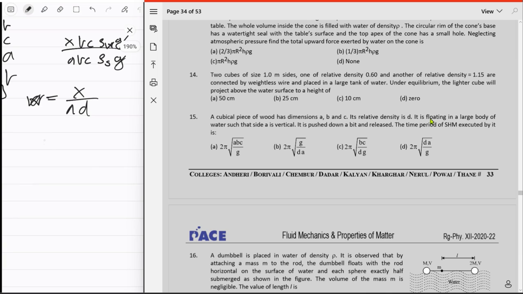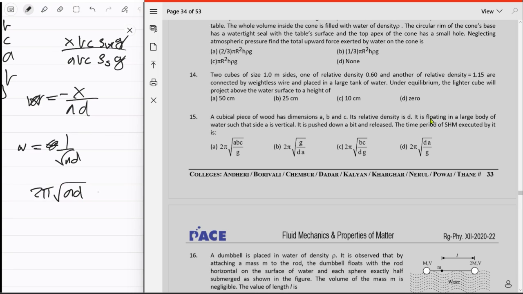So the thing is negative 1 upon square root of A times D. That is our omega, or angular frequency. You want time period, which is 2 pi upon omega, so 2 pi square root of A times D, which is what?